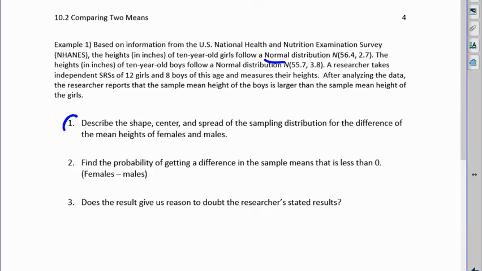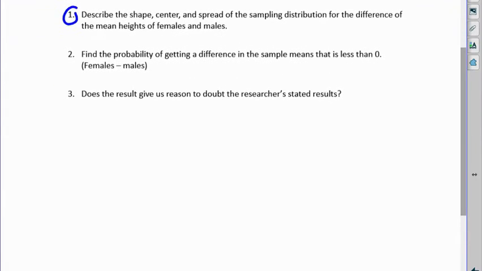All right, so let's do number 1. Describe the shape, center, and spread of the sampling distribution for the difference of the mean heights of females and males. Okay, so 1, the shape. Well, males were nearly normal, and the females were normal.